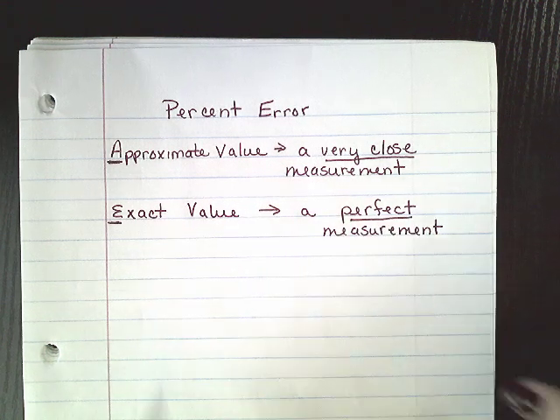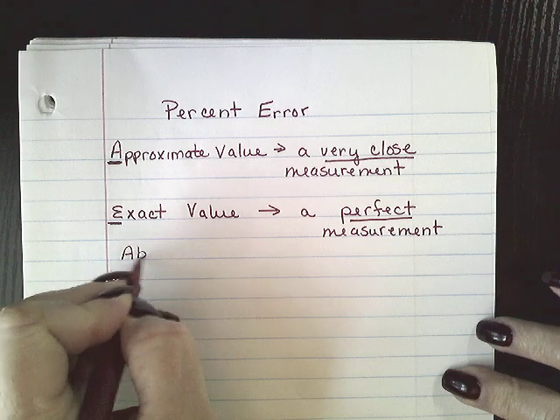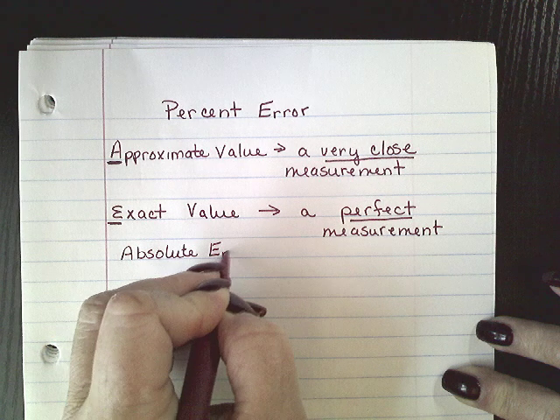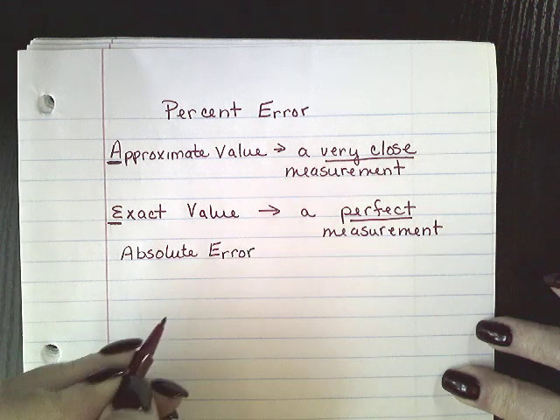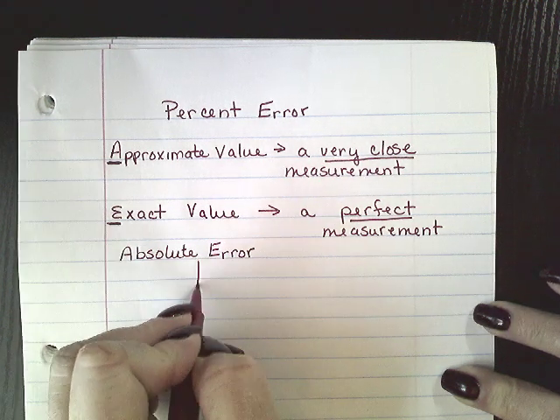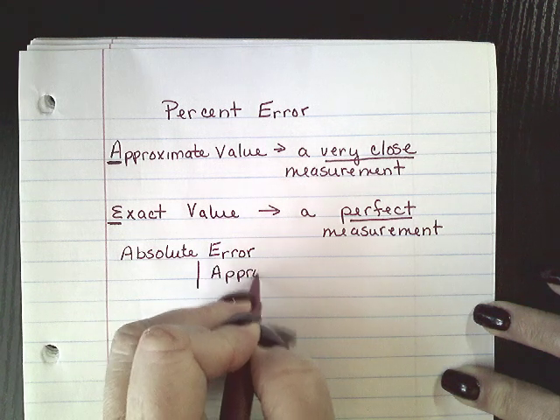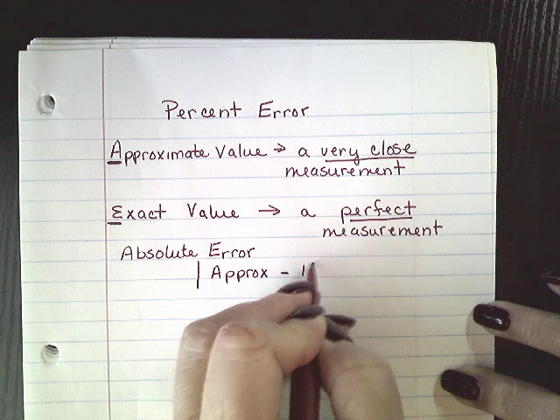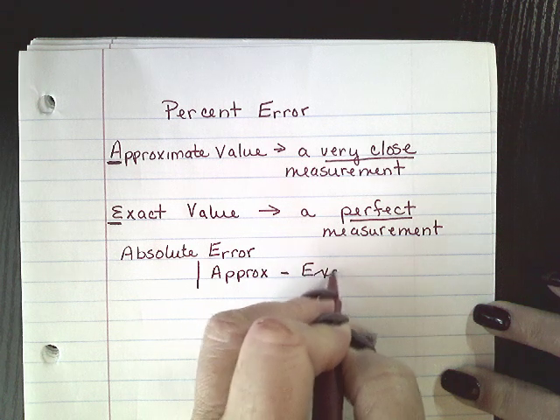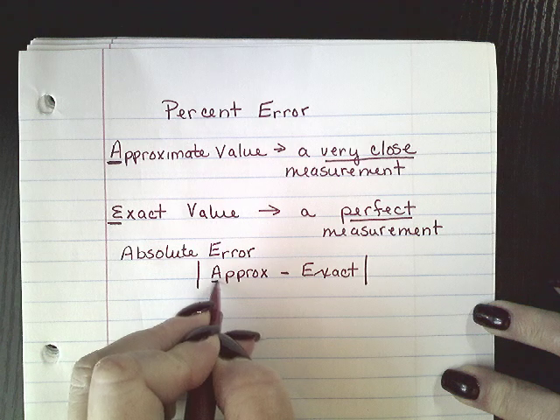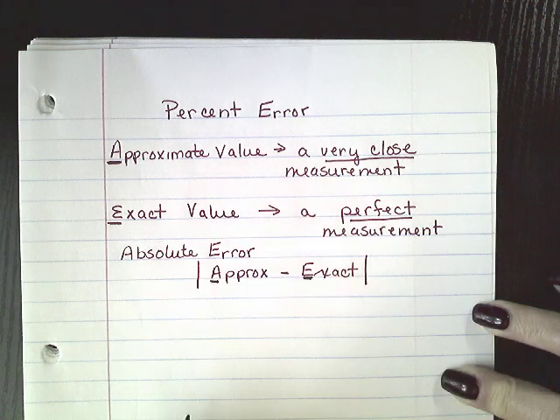Now to find the absolute error, and that word absolute is coming back, so when you see the word absolute, we're talking the absolute value again of the approximate minus the exact. Okay, A minus E. So that's how we're going to be doing this.